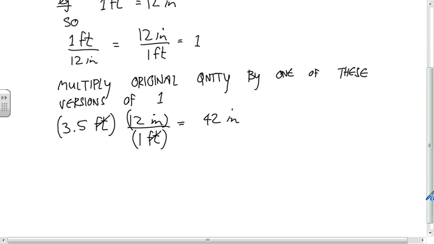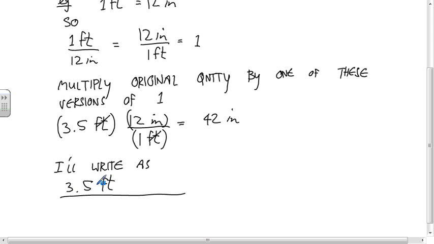And by the way, just to save a little time, here's how I would write this. That line separates the numerator and the denominator, like in a fraction.